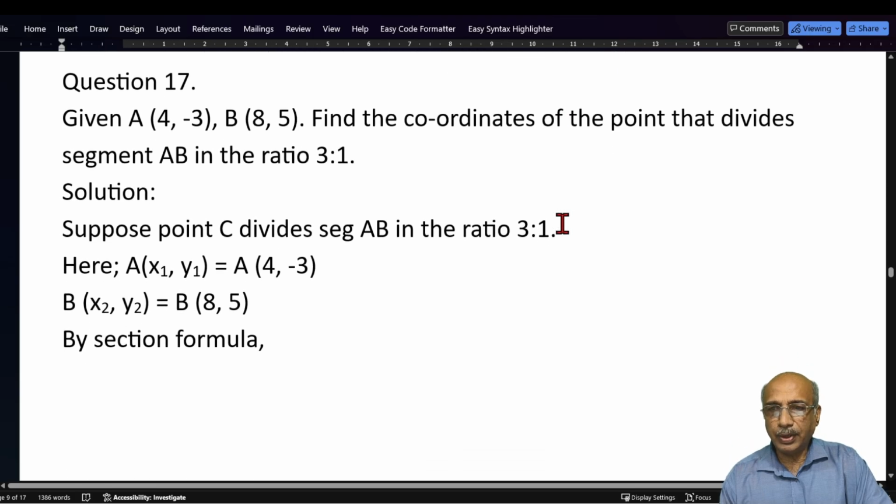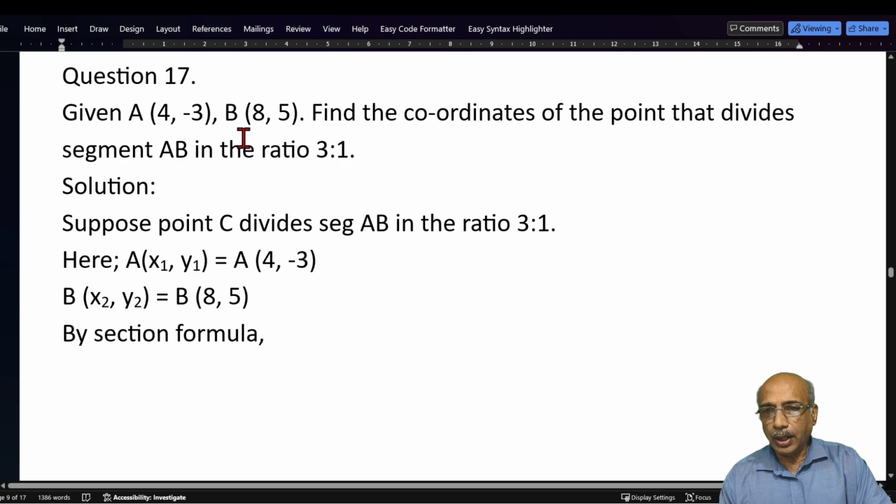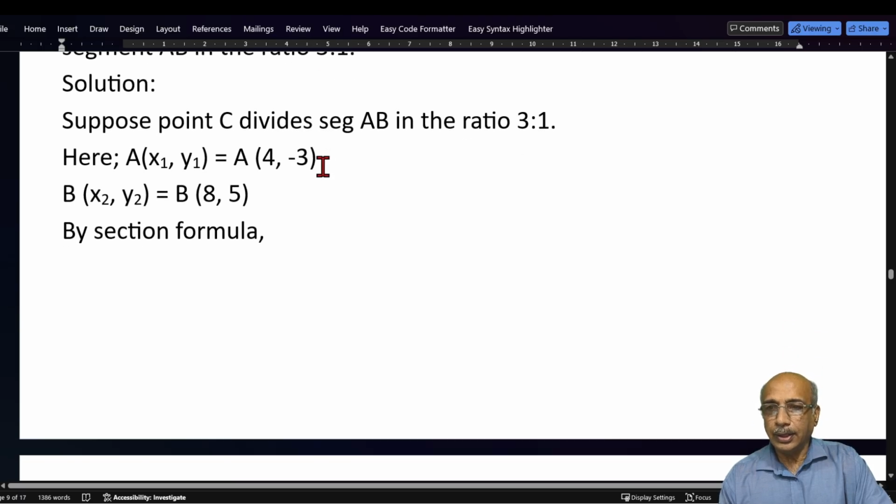Next, problem 17. Given A and B are two points whose coordinates are given. Find the coordinates of the point that divides segment AB in the ratio 3:1. Here which formula will you apply? Correct, the section formula. I am sure you must have thought of the section formula. Suppose point C divides segment AB in the ratio 3:1.